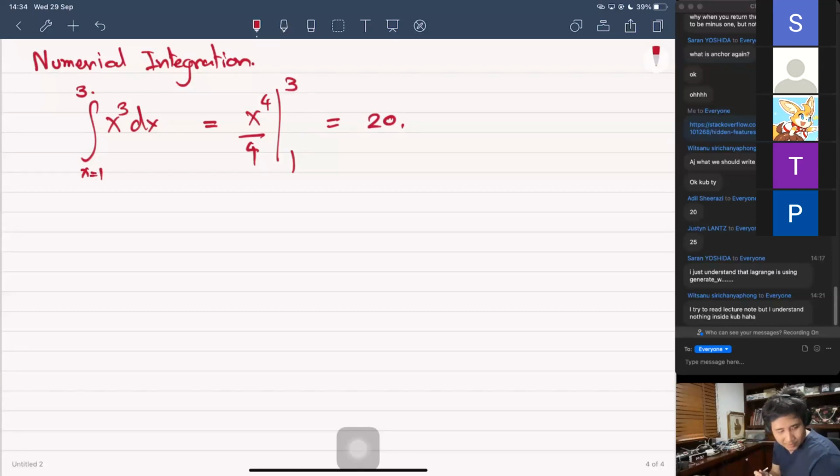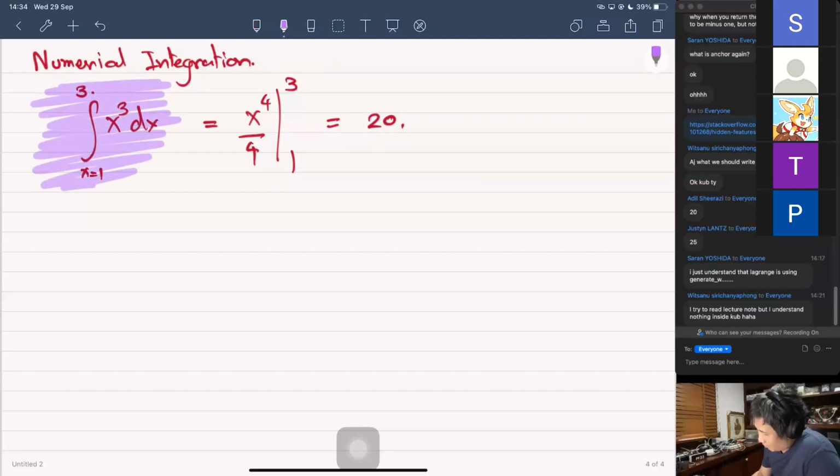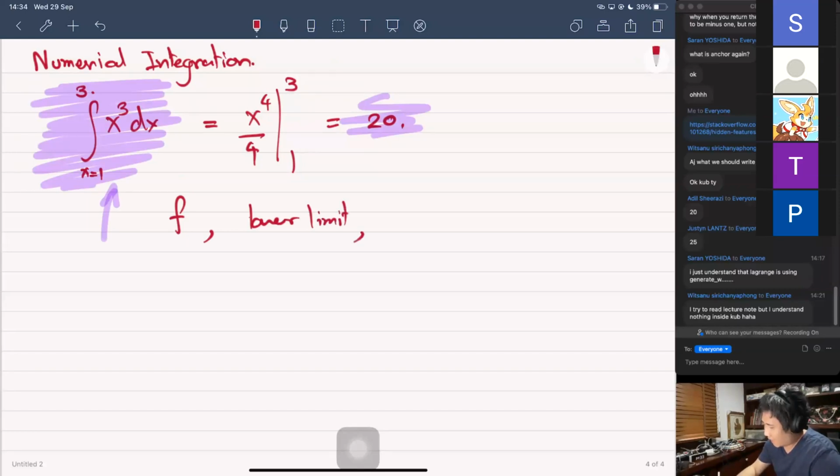These are the type of things that we want the computer to do, because it's very good at doing the numerical. We want to get from the thing on the left to the thing on the right. So you need to specify 3 things: the function that you need to integrate, the lower limit, and the upper limit.